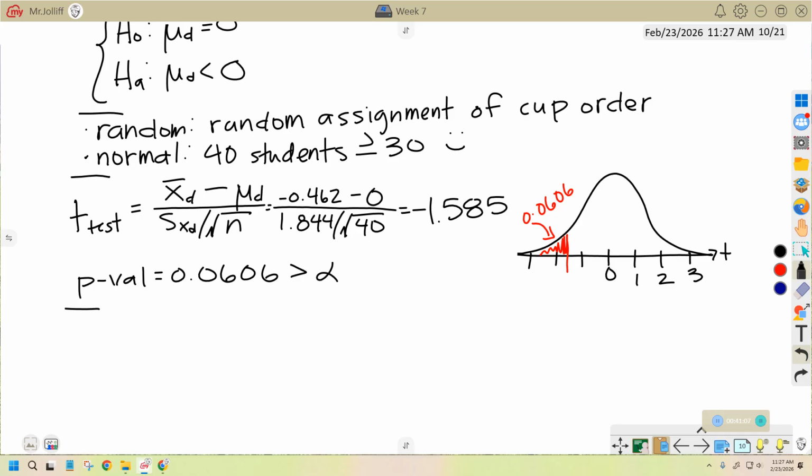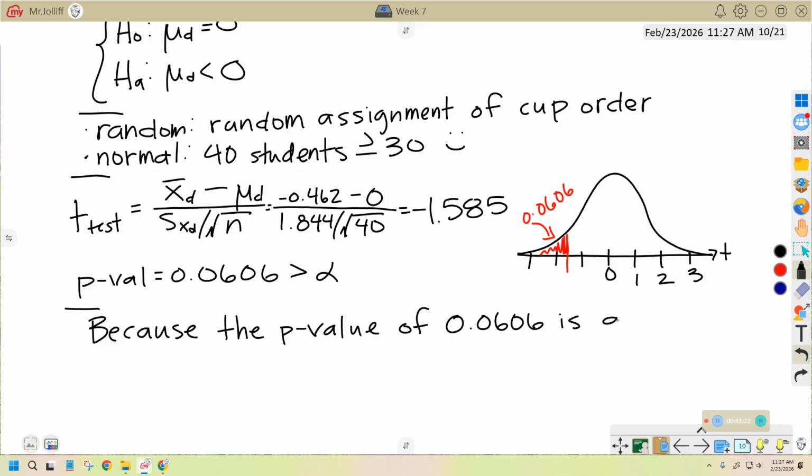So my conclusion: because the p-value of 0.0606 is greater than alpha equals 0.05, we fail to reject the null.